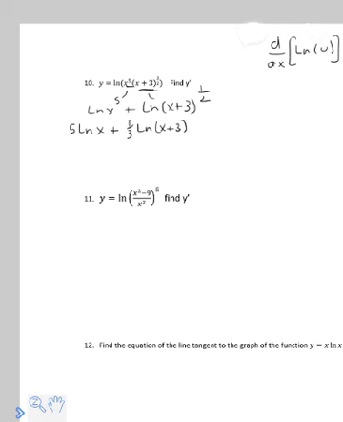Now taking the derivative of the natural log there, derivative of natural log of x is 1 over x. So we got 5 times 1 over x. And then the natural log of x plus 3, the derivative of that is 1 over, so we've got 1/3 times 1 over x plus 3 times the derivative of x plus 3, which is just 1.